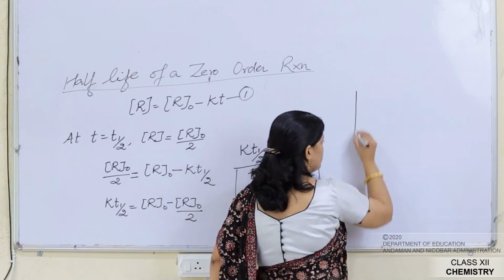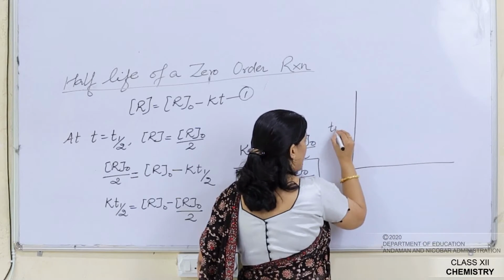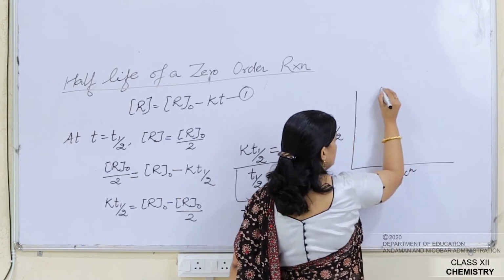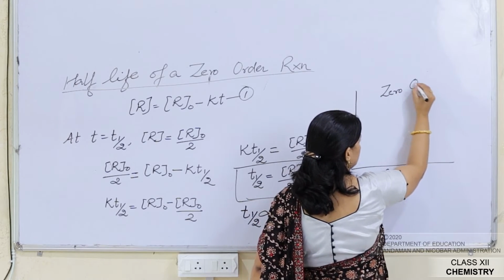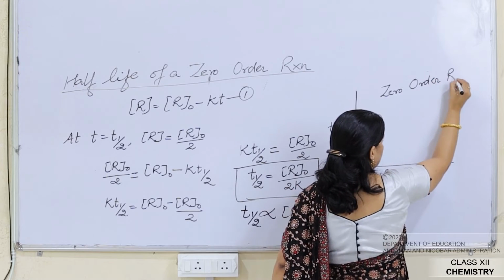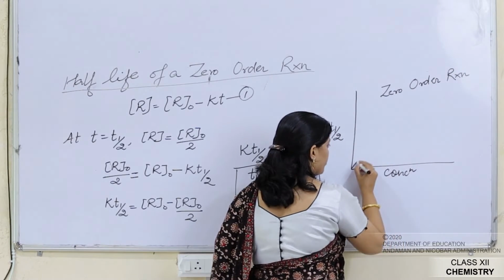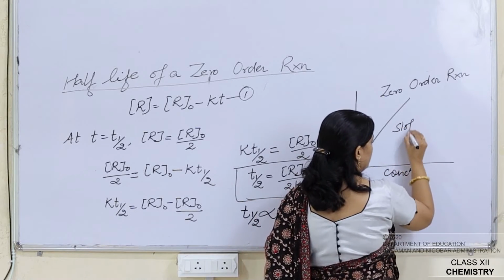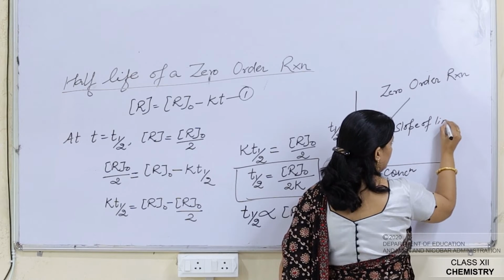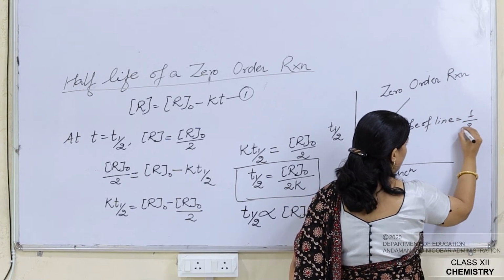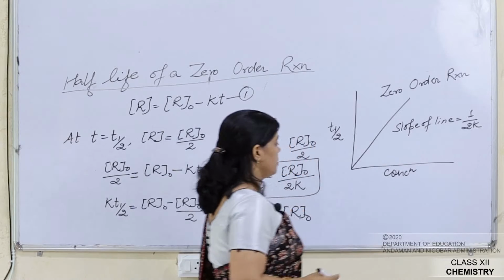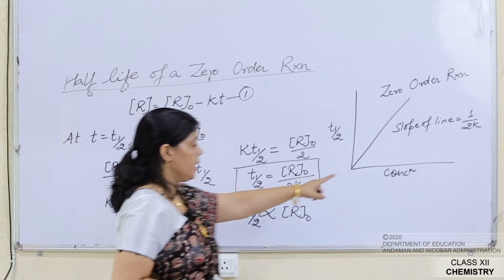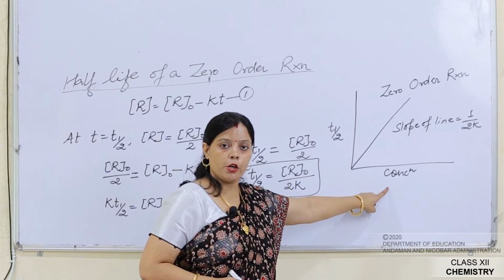So when we draw a plot between the half-life period and the concentration for a zero order reaction, a straight line is found, and the slope of the line is equal to 1 by 2K. So it is clear that the half-life period for a zero order reaction is directly proportional to the concentration of the reactant.